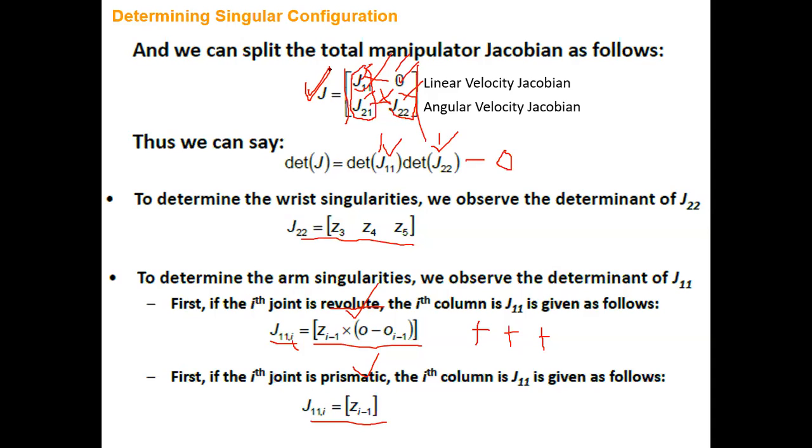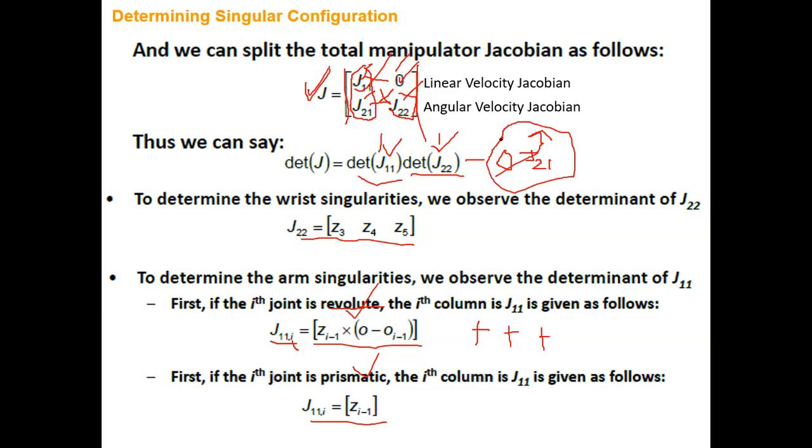Now, to find the determinant of the entire arm plus wrist, you just find the determinant of J11 and the determinant of J22. You don't have to find J21 here, because J21 multiplied with 0 becomes 0. So you simplify the problem by 50%, because this term is completely gone.